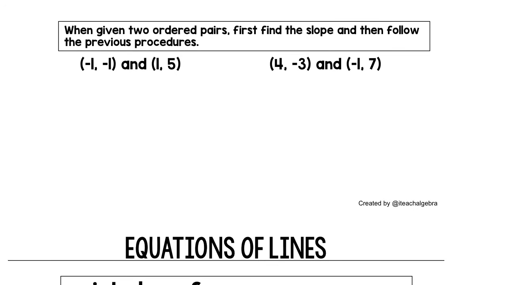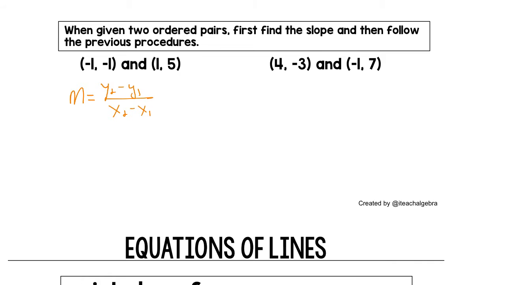Here's my favorite. When given two ordered pairs, first find the slope and then follow the previous procedures. So we're just going to review the slope. That's y2 minus y1 over x2 minus x1.